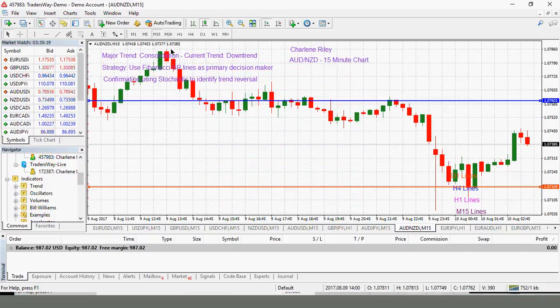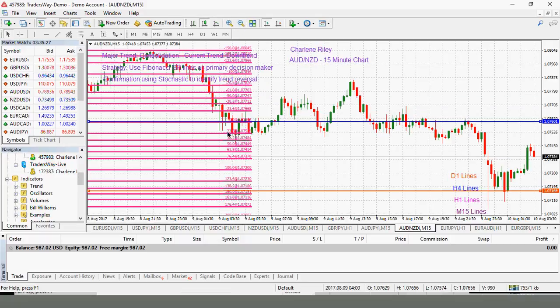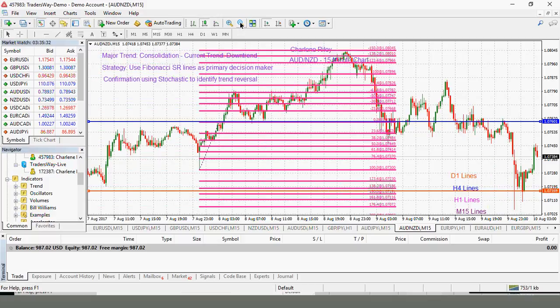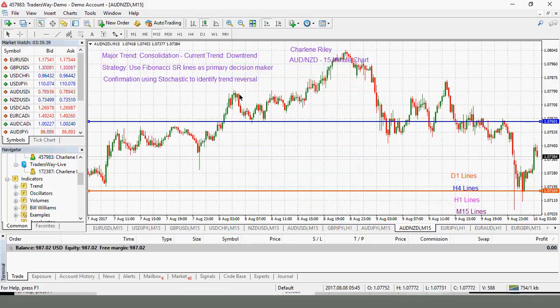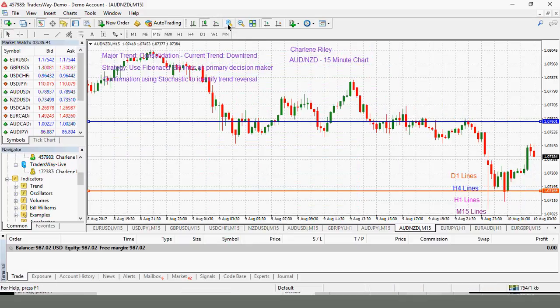And so now we get to the 15-minute chart. I've got some expired fib lines here, so let's get rid of those and start fresh.